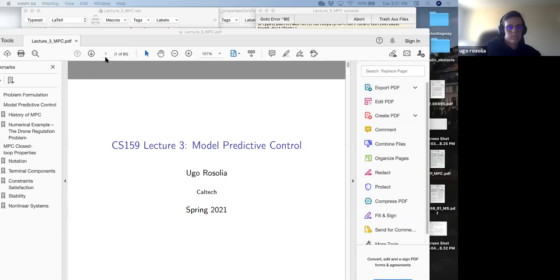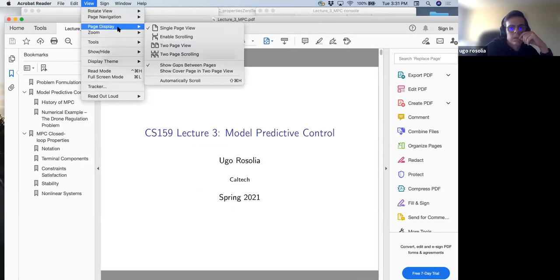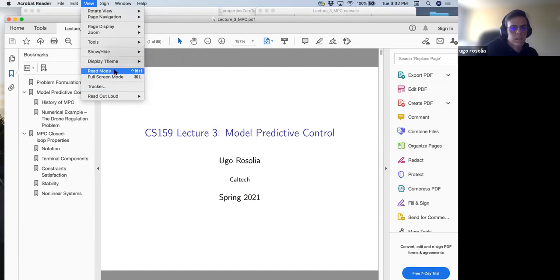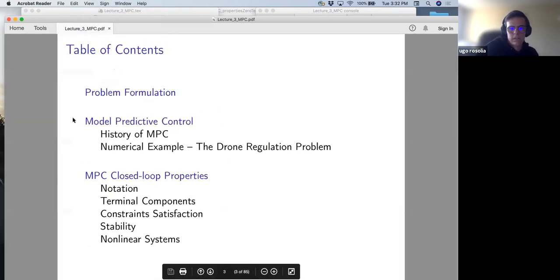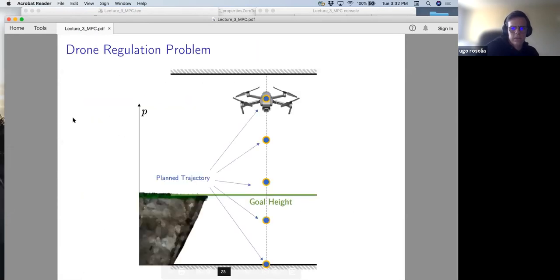Maybe I can switch to a slide set and just share my screen. I guess that would work as well. So let me open the slide set, the Acrobat. Okay, can you see my screen?